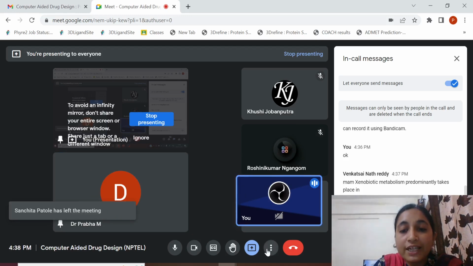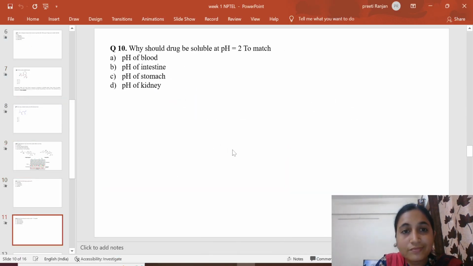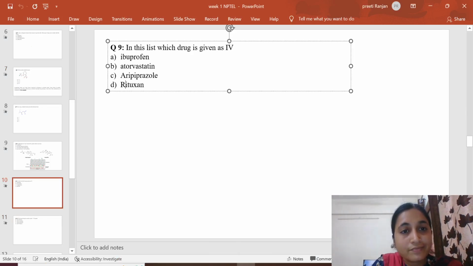That's why I told you one example is there, na, in this option itself. This one, Rituximab. This is the drug.